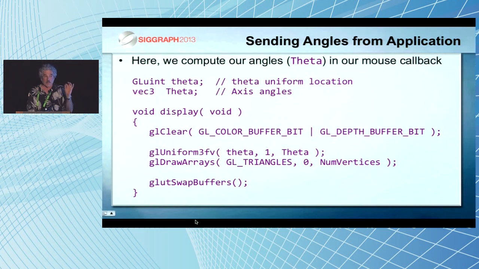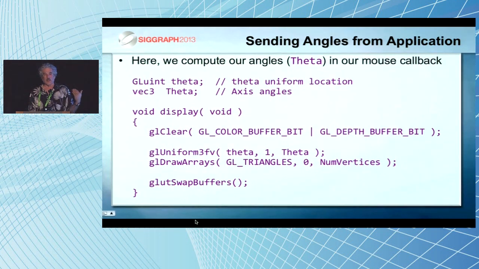Now think of this: what if this object wasn't a cube? What if it was an object that had thousands and thousands of vertices in it? This program would be essentially the same. All I would have to do for every iteration is send over the 3 thetas. This is where the power of the GPU comes in.